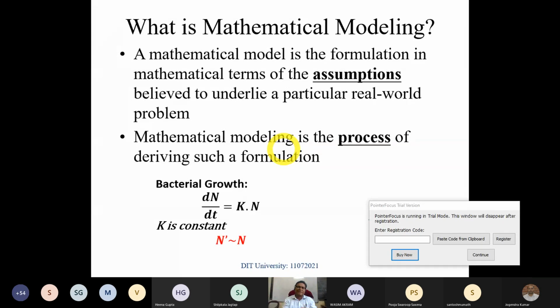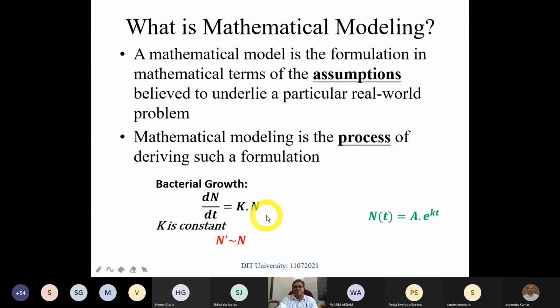So bacterial growth is generally assumed to be exponential growth, right? But what will it tell us? It will tell us that the growth of the bacteria with time is proportional to the bacterial population present at that time. So dN/dt is proportional to N, the initial population in the flask, and k is the constant.